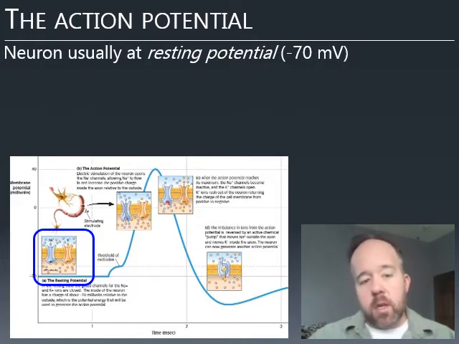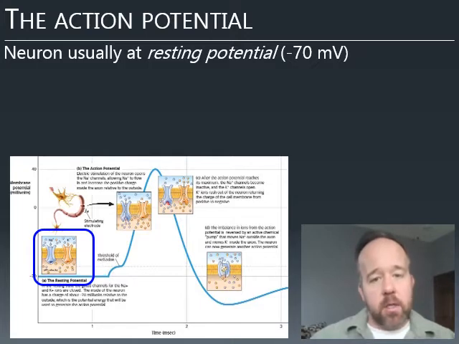What that means is, just by convention, the charge on the inside is compared to the charge on the outside. So inside minus outside is minus 70 millivolts. What that translates into is the inside of the neuron is more negatively charged than the outside.